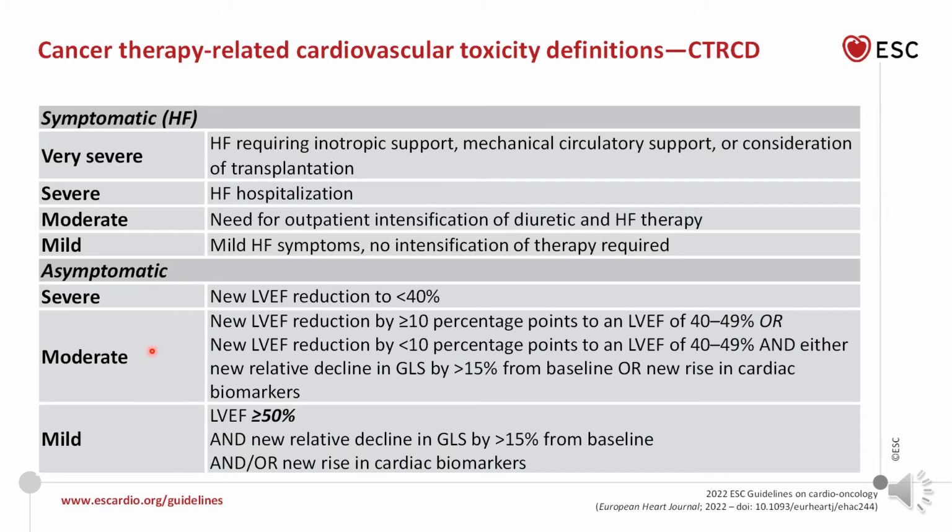In the moderate asymptomatic group, this means either a drop of ejection fraction more than 10% to a range between 40 and 49, or a drop of less than 10% to a range of 40 to 49, but this should be associated with a new relative decline in the longitudinal strain of more than 15% or rise of biomarkers.